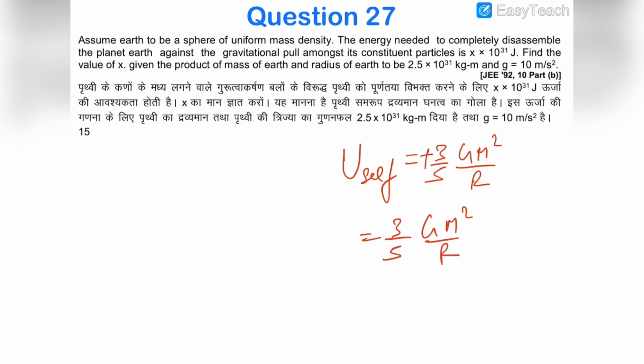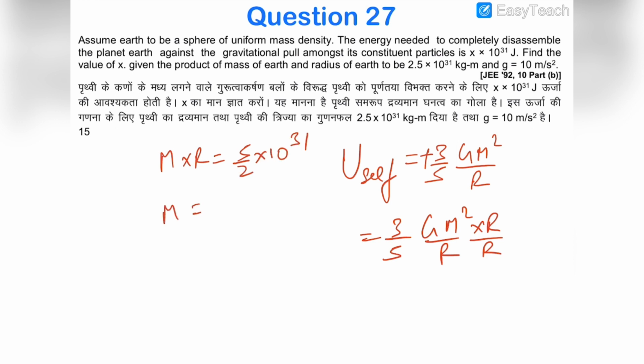Now what we should do, the product of mass of Earth and radius of Earth is this one. So we should multiply and divide with R, and in fact M into R is 5 by 2 into 10 raised to power 31.